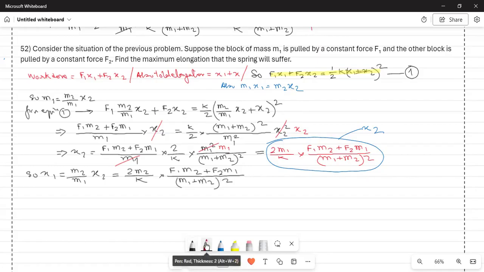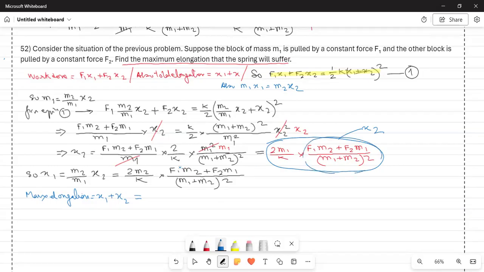Now the question is to find the maximum elongation. Maximum elongation is nothing but x1 plus x2. On both x1 and x2 you find this part is the same.